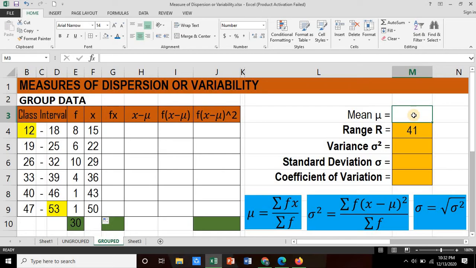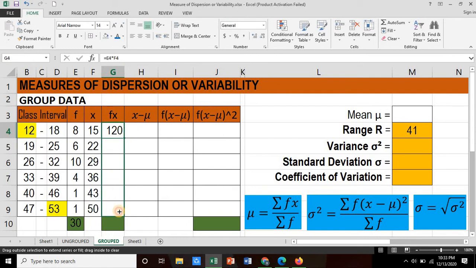To compute for the mean, we need to take the quotient of the summation of the product of the frequency and the midpoint, and the summation of the frequency. So we need the column for fx, or simply the product of the frequency and the midpoint. This is simply equals the frequency multiplied by the midpoint, and that is 120 for the first class interval.